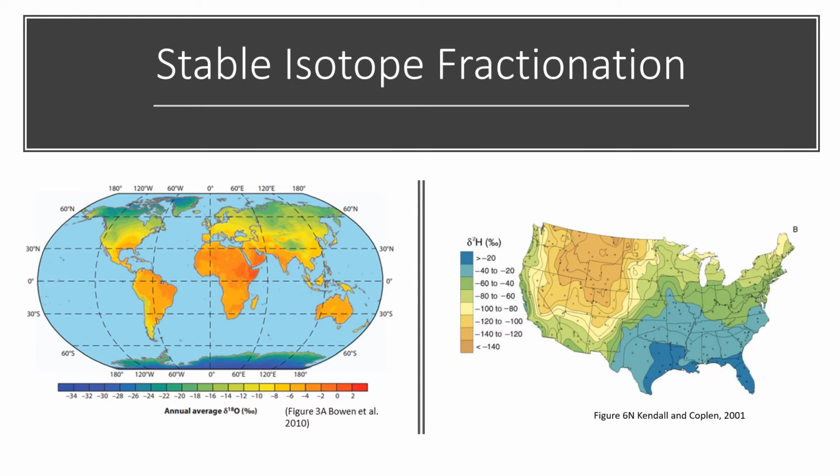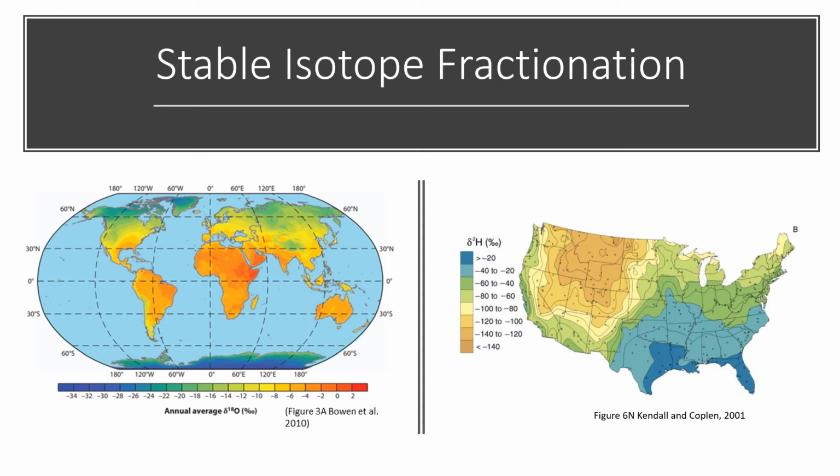As shown on the left map here, there's heavier isotopic compositions near the equator, and as you go farther north or south from the equator, the isotopic composition of oxygen-18 in this instance will be more and more enriched in the lighter isotopes.